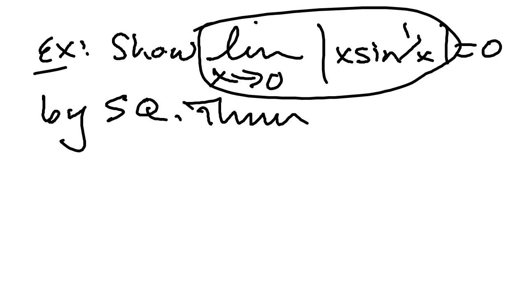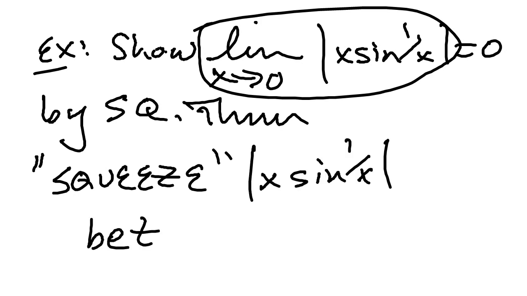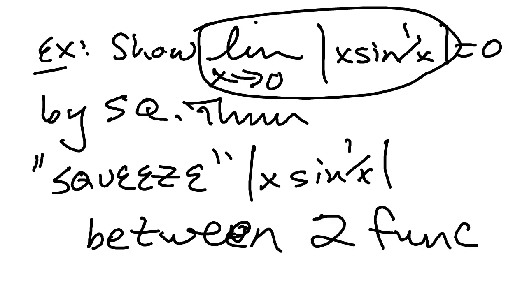We want to squeeze the function absolute value of x times sine of 1 over x between two functions where we know the limit, which would be f and h. Between two functions where we know the limit to be the same thing. So how are we going to do that?